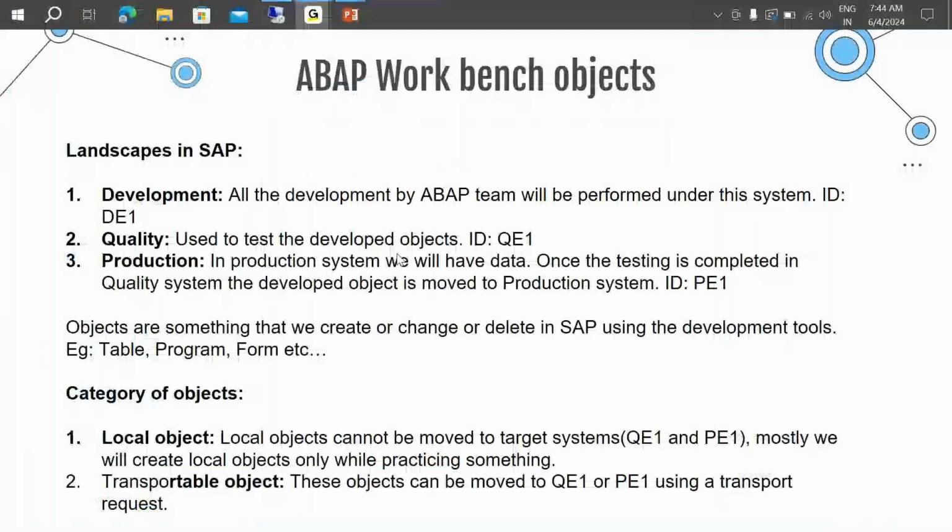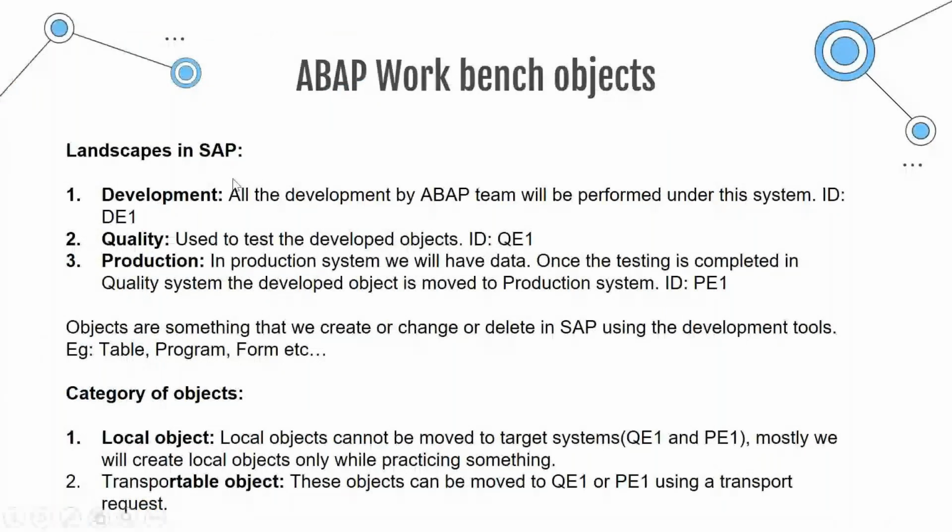First is called a development system or development landscape. The development system is the system majorly used by the ABAP team. We will always use the development system because our work is to create objects, means developing objects. Developing objects will always take place in the development system.